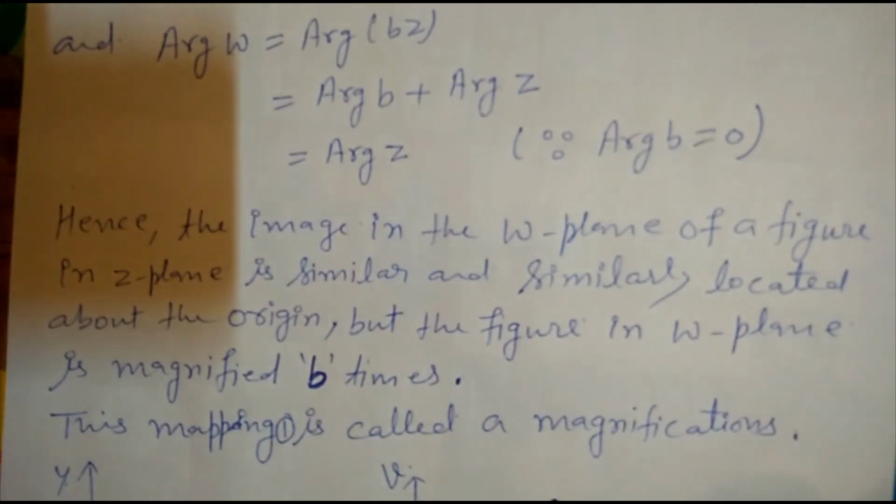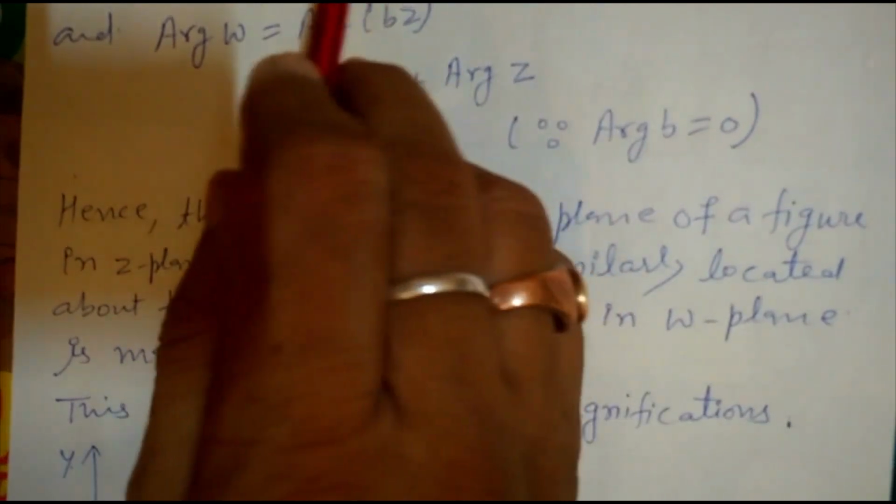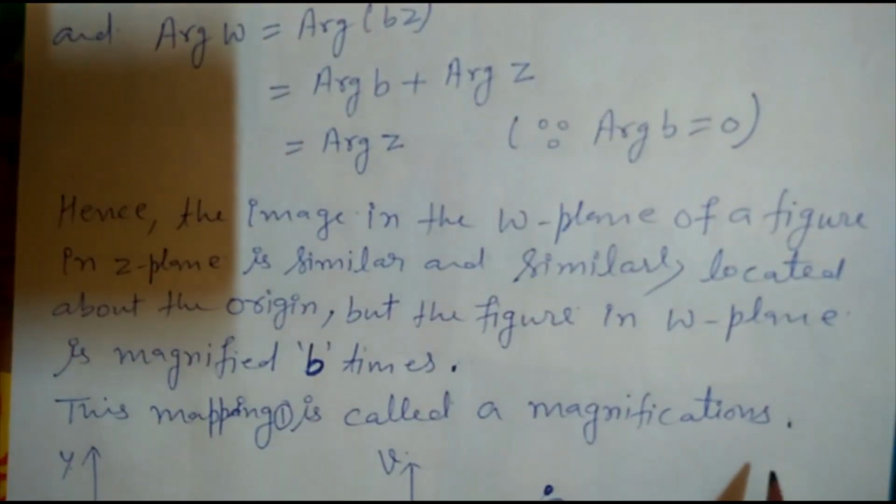So the mapping 1, that is the transformation 1, is called a magnification.